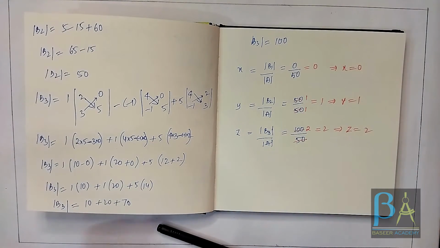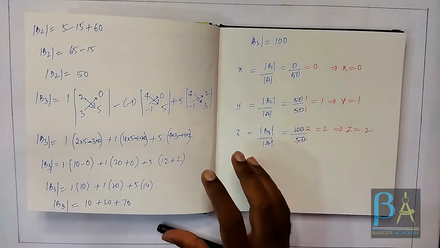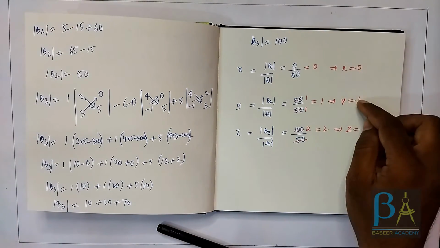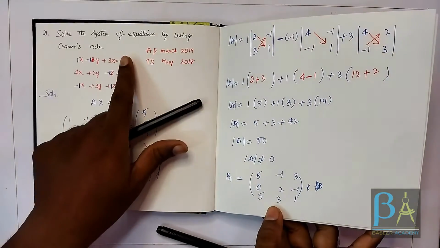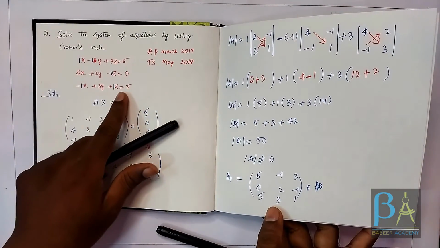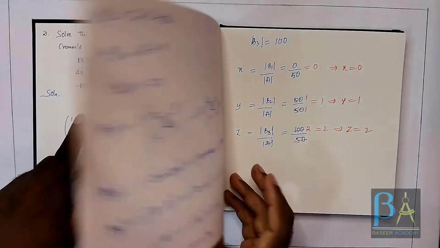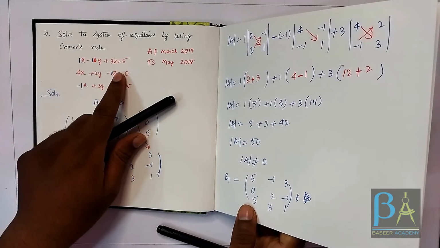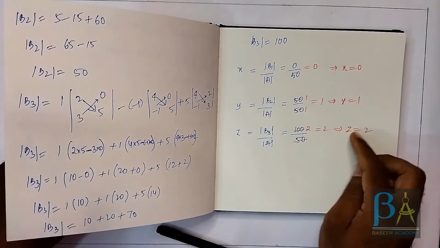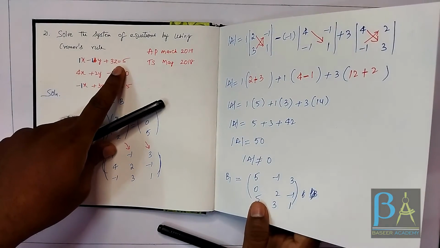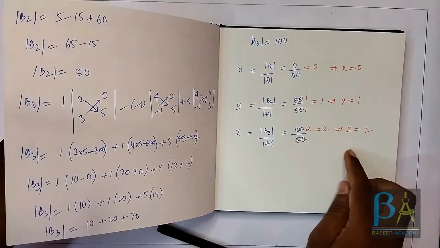But let us suppose you want to be sure that your answer is correct. In that case, what you can do is substitute these values in any one of the equations here and see if the values of x, y, and z satisfy the equation. If the values of x, y, and z satisfy the equation, you would know that your values are correct.